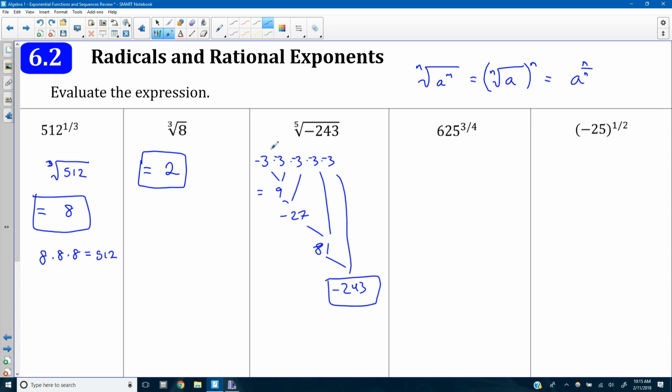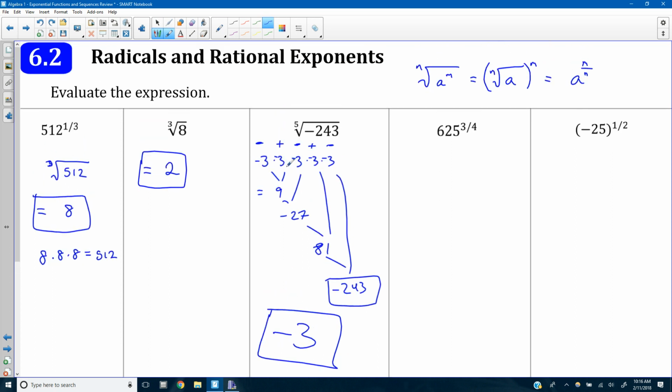When you multiply an odd set of negative numbers together, the result becomes negative. A negative times a negative becomes a positive, but a positive times a negative becomes a negative. So check this out. We start with a negative, times a negative is a positive, times a negative is a negative, times a negative is a positive, times a negative is a negative. As long as there's an odd number of negatives being multiplied, you will get a negative result here. By the way, I don't know why I boxed this as my answer. My answer is negative 3.